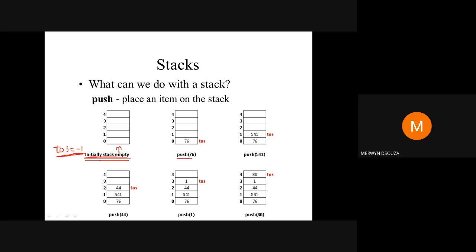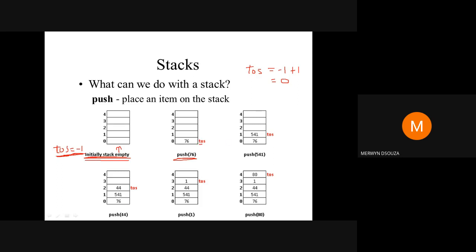Then I'm going to insert my first element, which is 76. Before I insert, I will increment the top of the stack by 1. It already had a value of -1, and incrementing means adding 1, so -1 plus 1 gives a top of the stack value of 0.